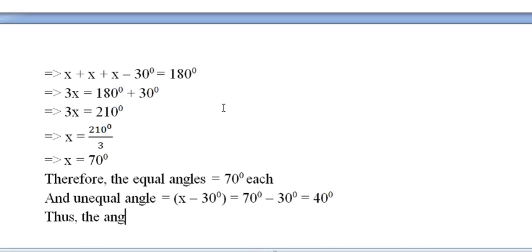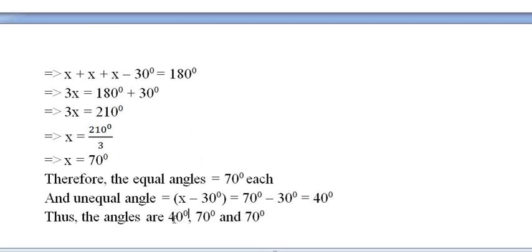Thus the angles are 40, sorry, so 40 degree, 70 degree, and this is also your 70 degree.